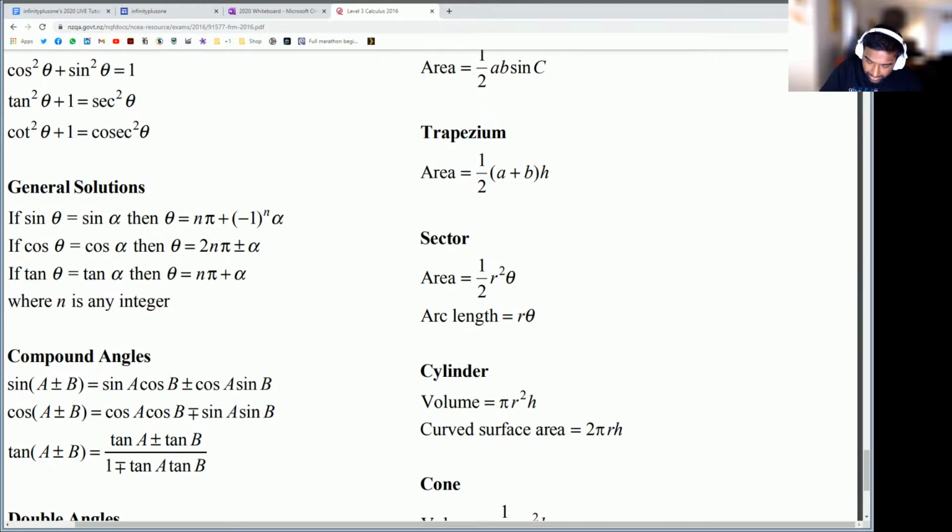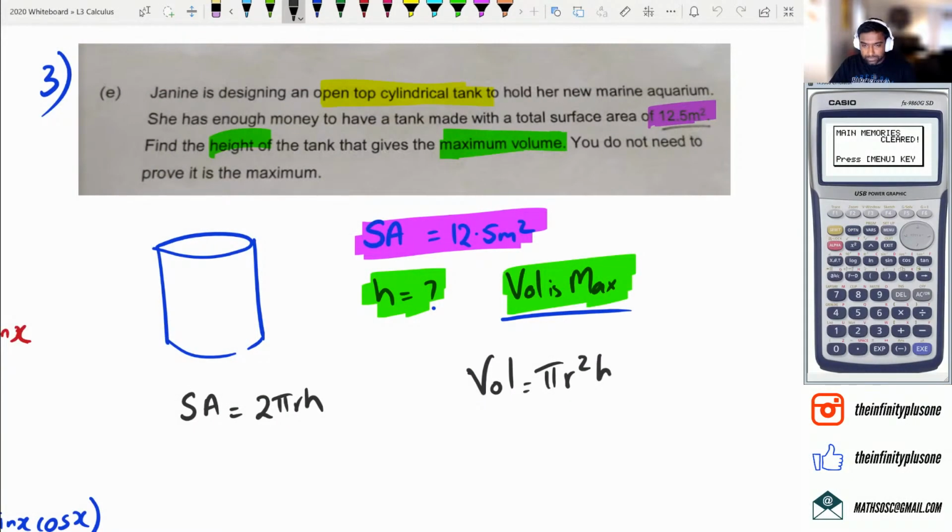The really important part to look at is where it says the curved surface area is 2 pi rh. Let me go back to my little diagram and I'll show you what I mean. At the moment, they've got the 2 pi rh, which is the curved part of it. So that's this part here.